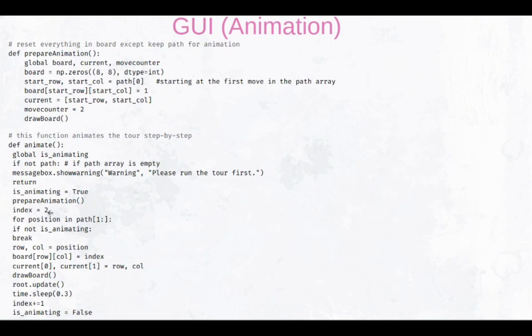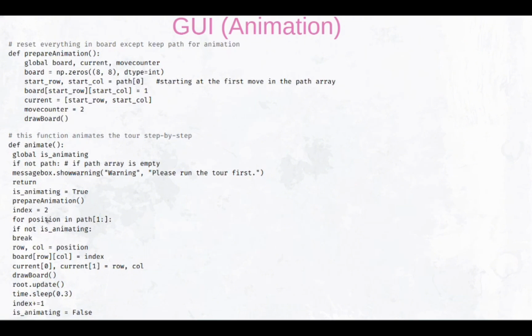And then here we will loop through all of the positions in the knight's path, starting from the second move, which is basically index equals 1, path 1. So what will happen when we loop through?